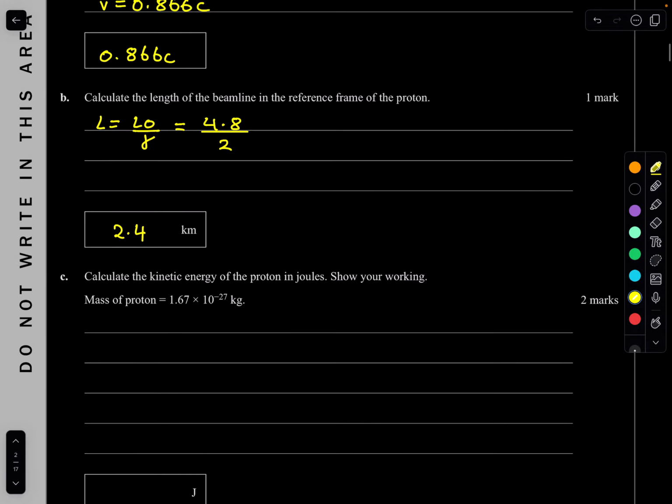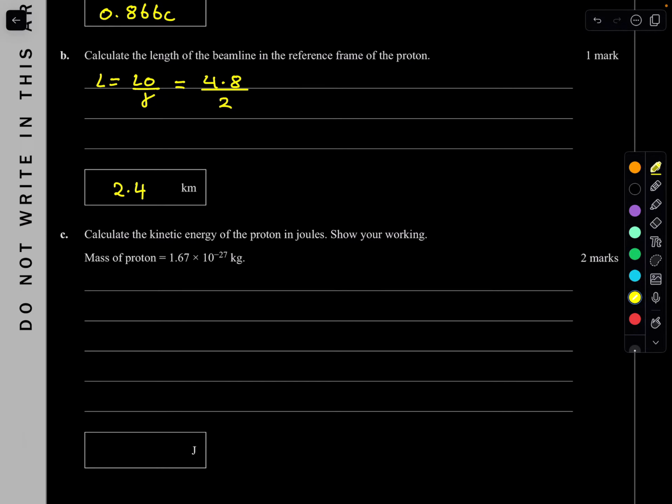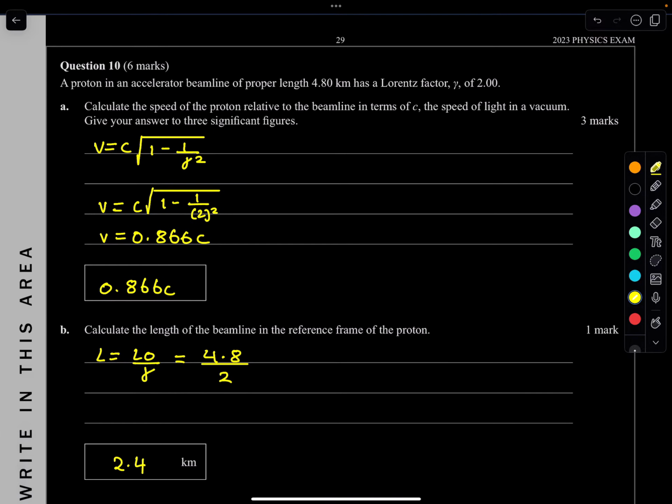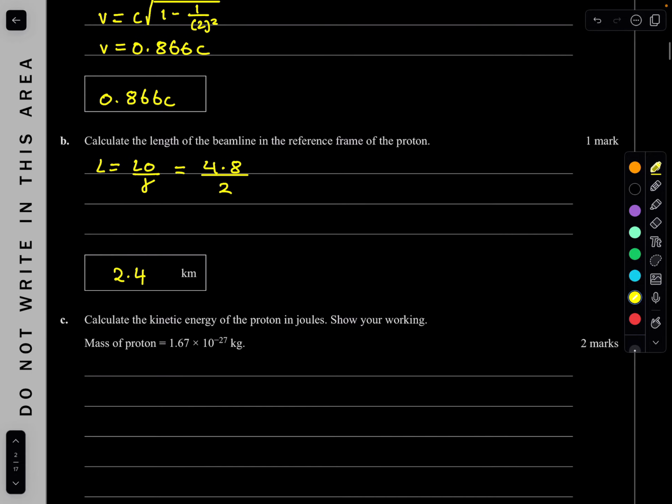All right. Calculate the kinetic energy of the protons in joules. Show your working out. Mass of the proton. Now look at this question. I think this is a key here. When you get questions like kinetic energy, in terms of classical physics, you would use half mv squared. But you've got to remember we have relativistic speeds at this point. So we're going to use our kinetic energy for relativistic speeds.